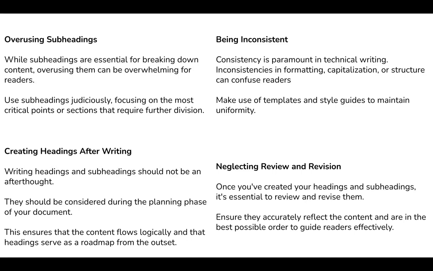So you should always revise them and ask, should this be a subheading or should I just use a list instead? Or should this be a separate heading instead of a subheading under this place? That's something you should always try to do, so that once you publish your article or give it to your readers, they can use it properly.